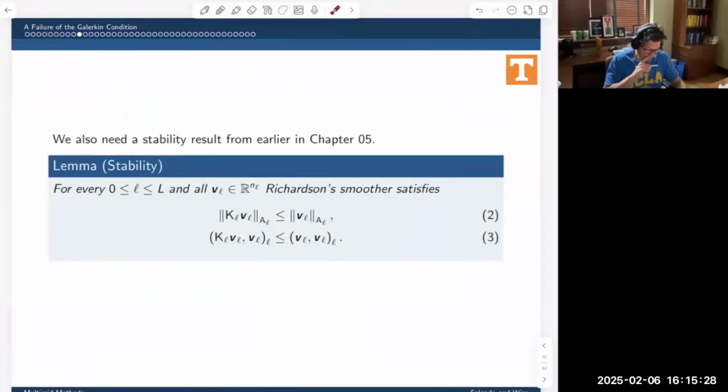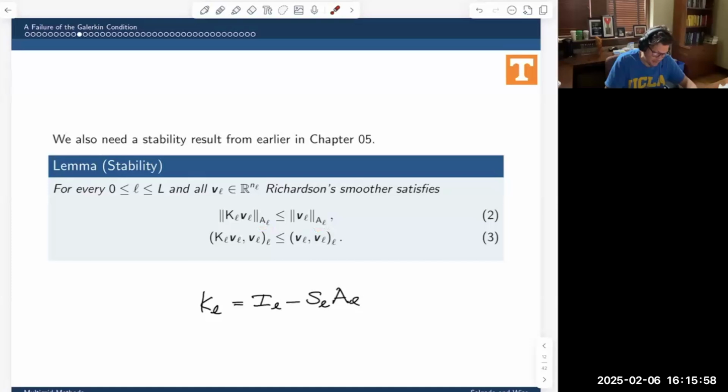And then the other thing I said we needed last time to get our convergence proof for the two-grid method is we needed a stability for Richardson smoother. So this K_L, I'll just remind you, is the error transfer matrix for smoothing, I_L minus S_L A_L. So that matrix is stable in the A_L norm, okay?